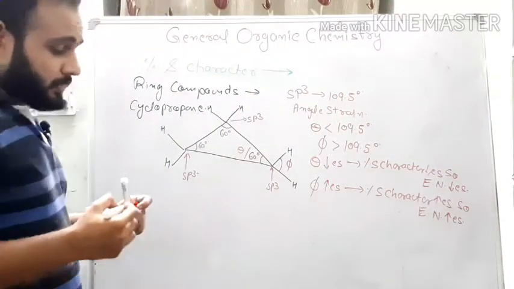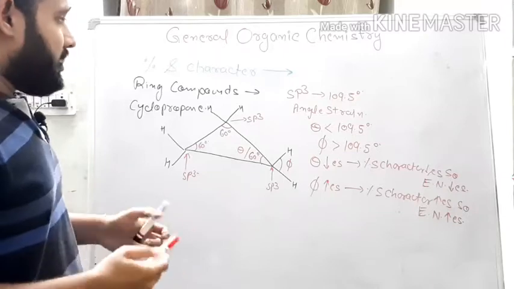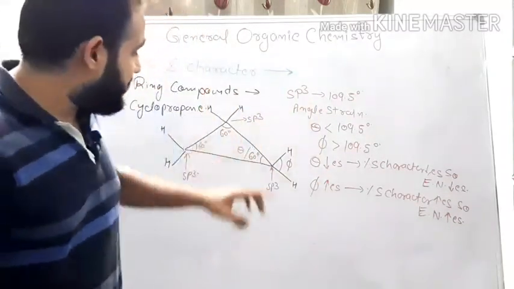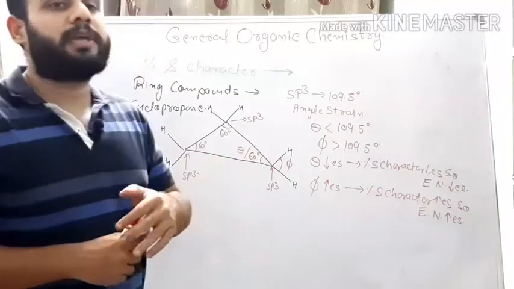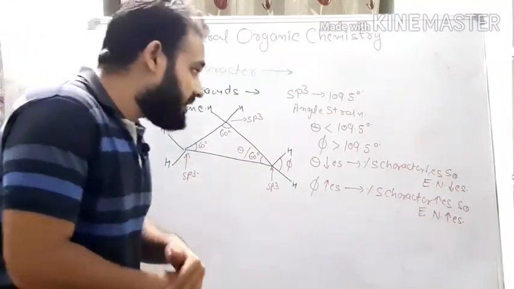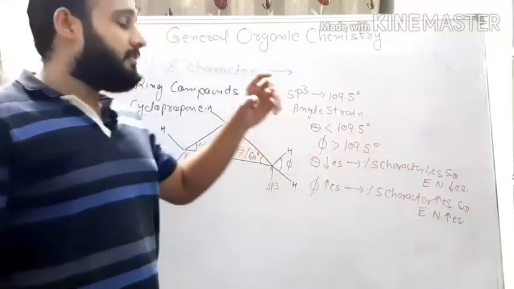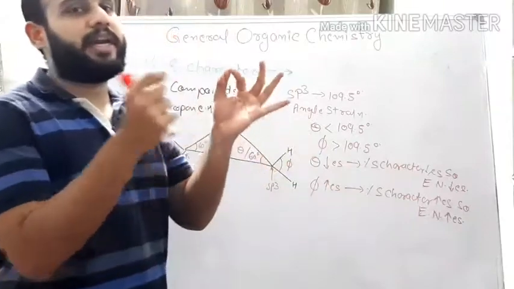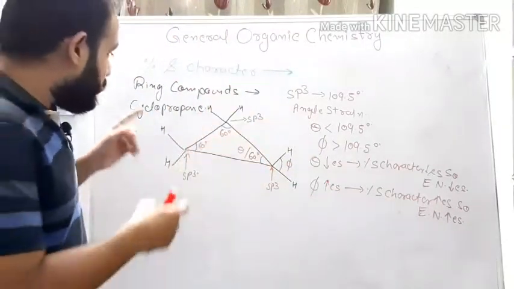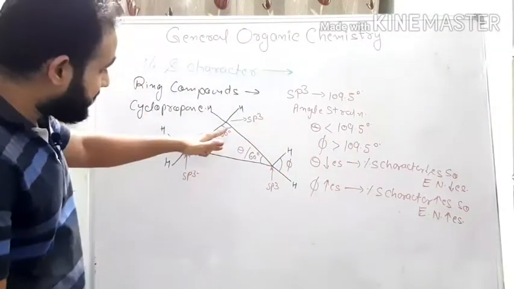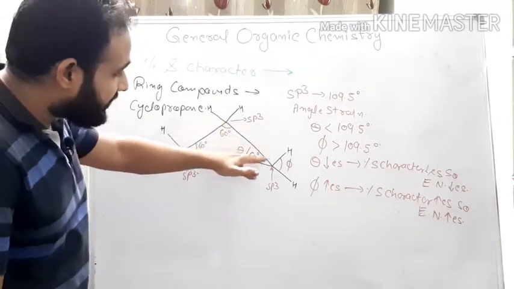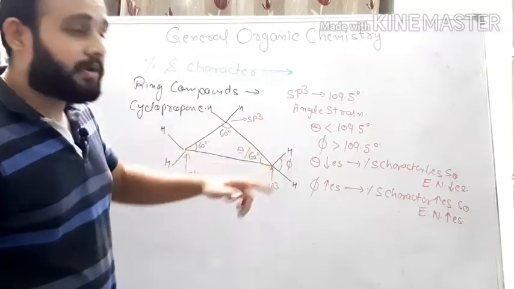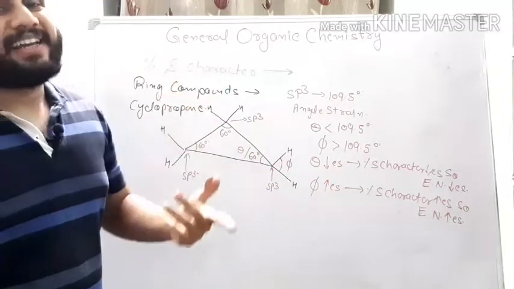Understand, friends? So when bond angle strain is present, the inner bond angle decreases from its ideal value, and because of this the electronegativity decreases. Opposite to that, the outer bond angle expands, so its electronegativity increases. So in cyclopropane, the electronegativity of the carbon-carbon bond decreases, and the electronegativity of the carbon-hydrogen bond increases.